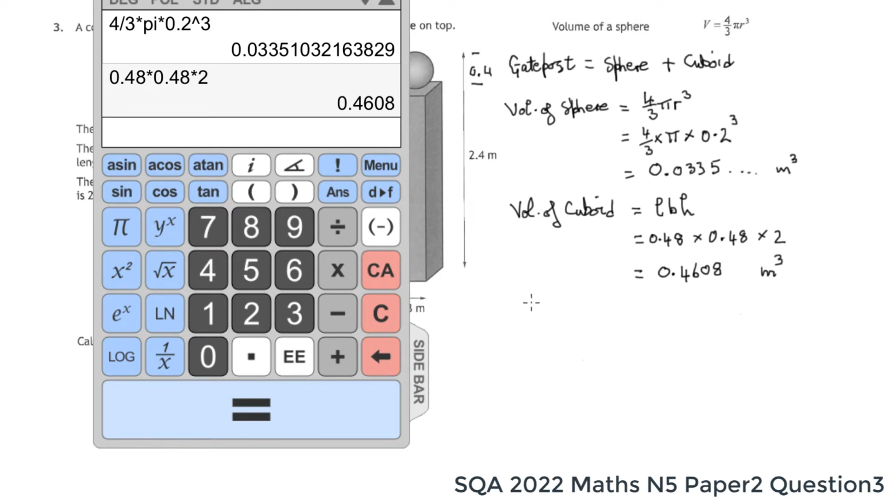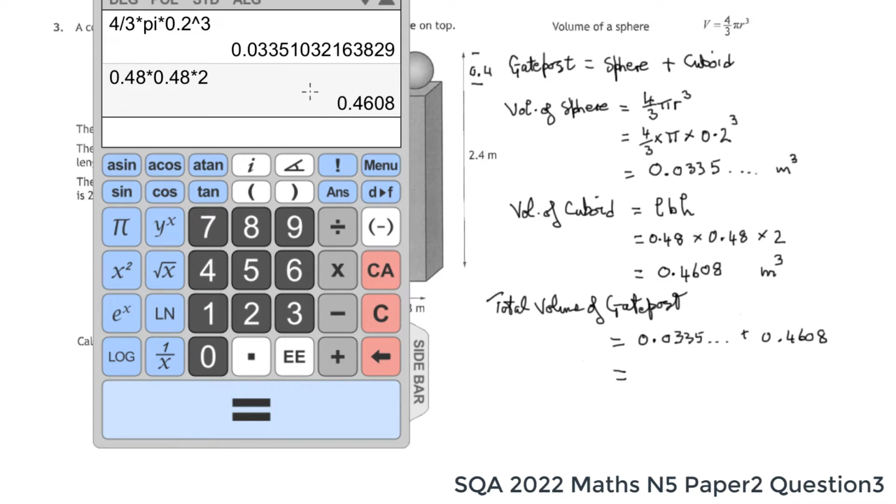Now, our final answer then, total volume of the gatepost, that'll be the sum of these two numbers, the 0.0335 from the sphere plus the 0.4608 from the cuboid.